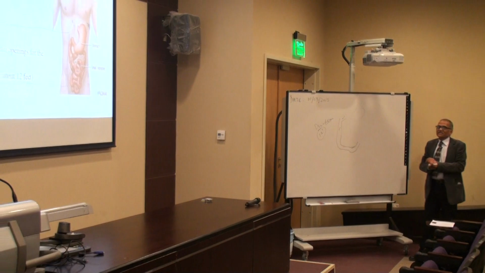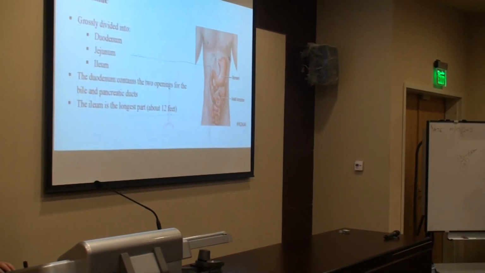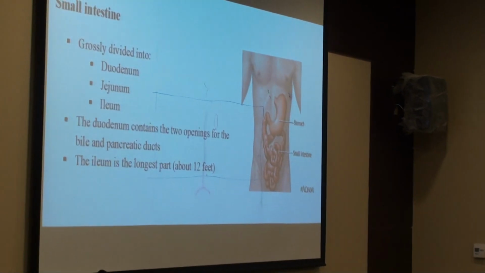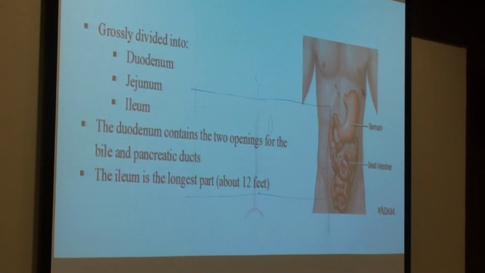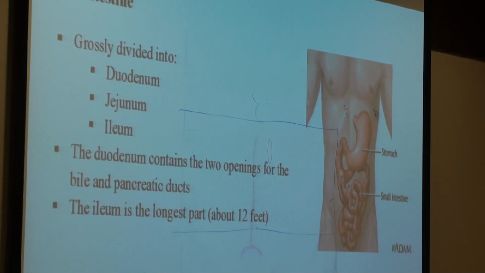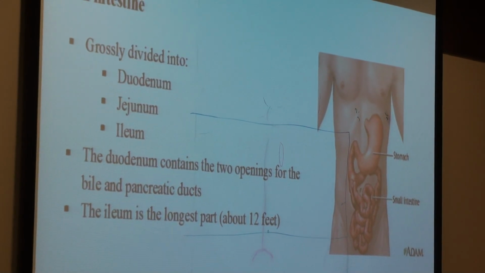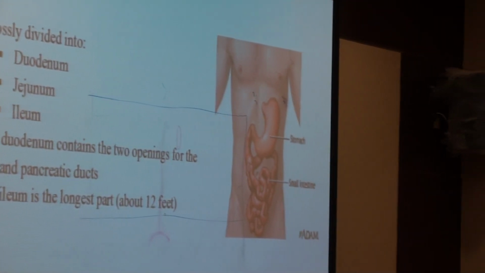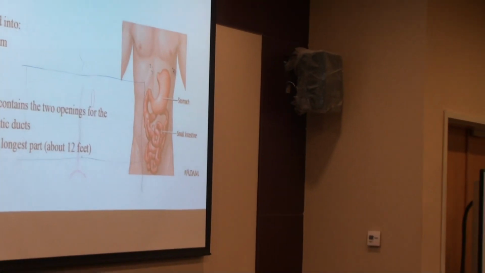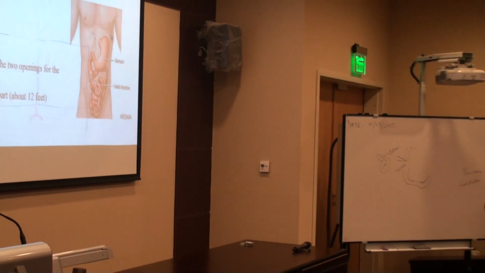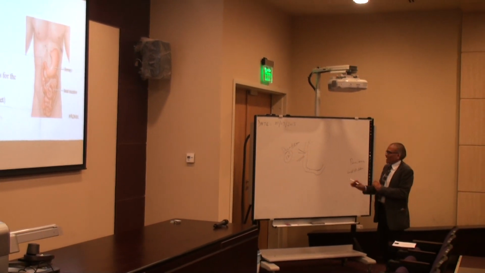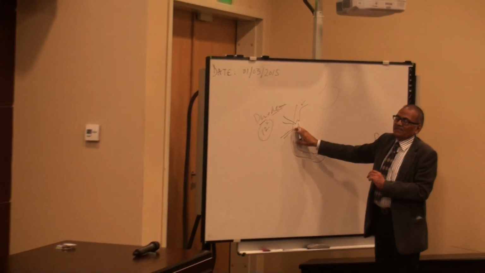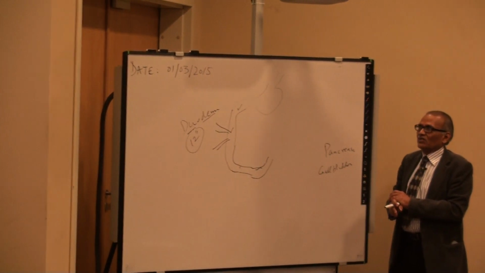The second part of the duodenum is most important, where we have openings from the ducts. One of the ducts comes from an accessory gland, the pancreatic duct, from the pancreas. The other one comes from the gallbladder, and this duct carries the bile produced in the liver, which is stored in the gallbladder, and when we take some fatty food, it is added to the second part of the duodenum.